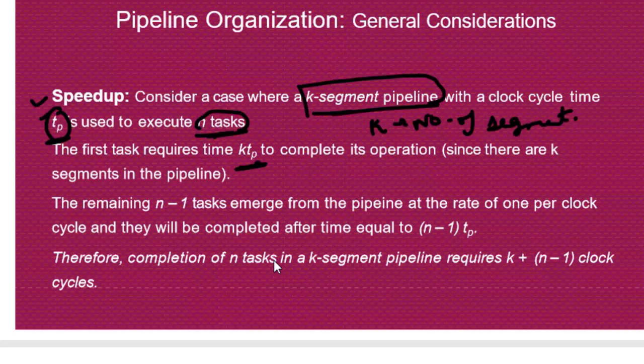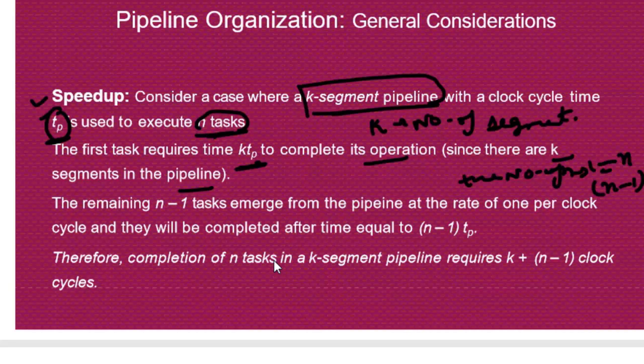The first task requires time k into TP to complete its operation because there are k segments in the pipeline. Now how many tasks are left when the first task is already executed? The number of tasks was n. So one task has been executed and n minus 1 tasks are left.